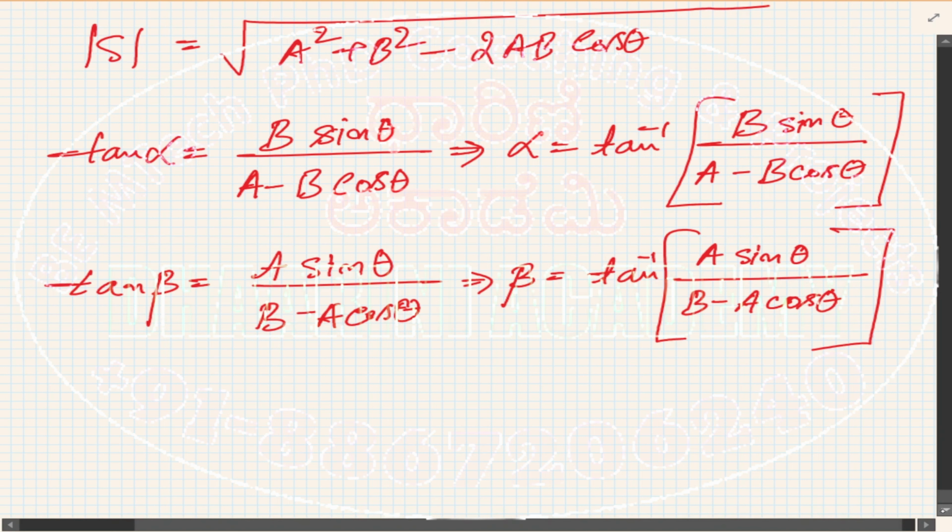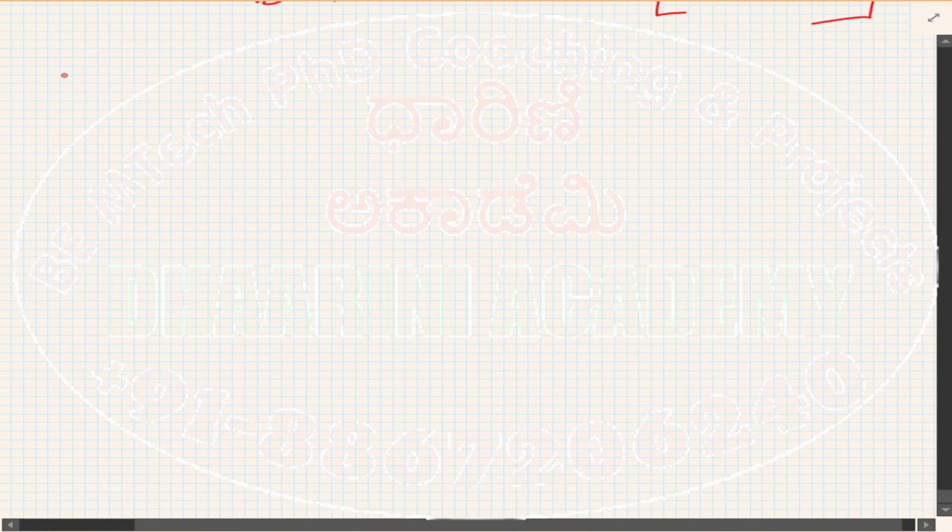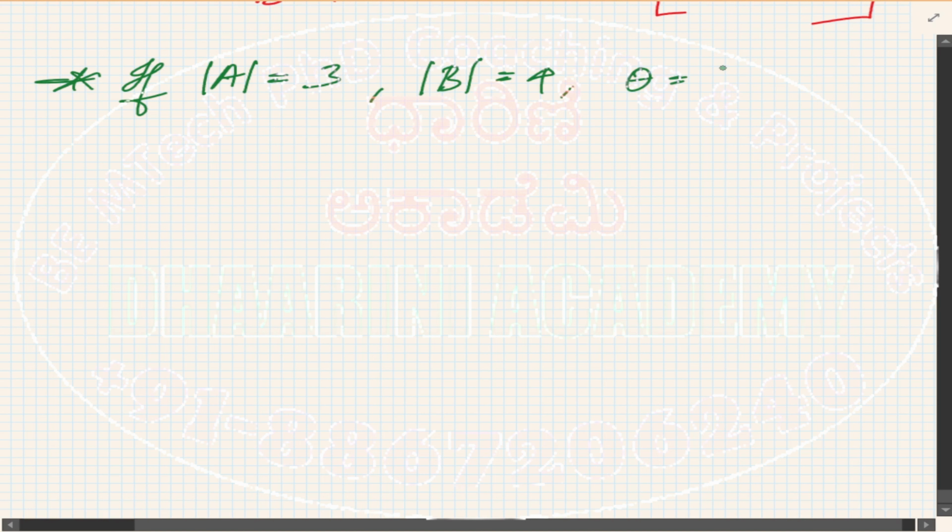All right, so let's solve some questions. First problem: if magnitude of A is equal to 3, magnitude of B is equal to 4, and theta is equal to 60 degrees, find vector A plus vector B, alpha, beta, R. That's A plus B, sorry.